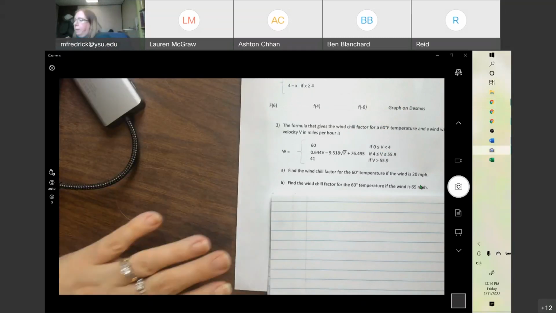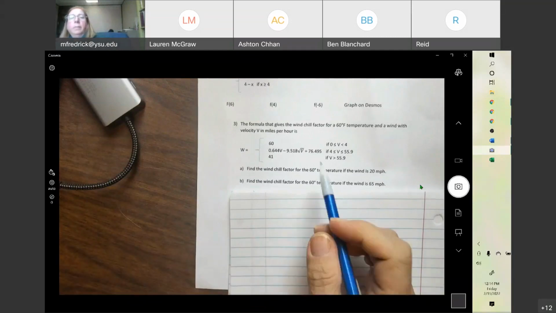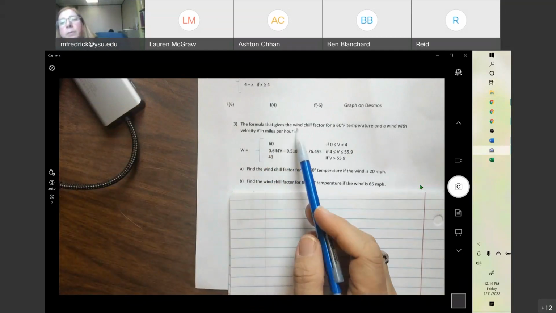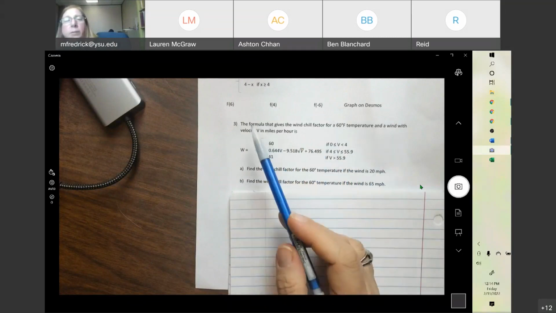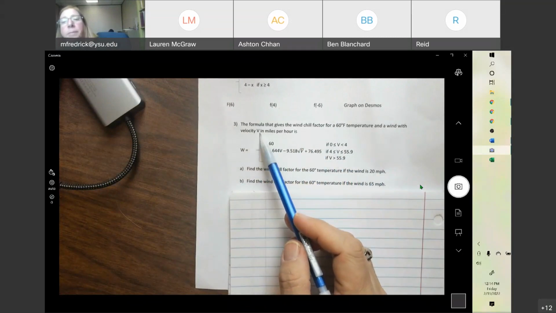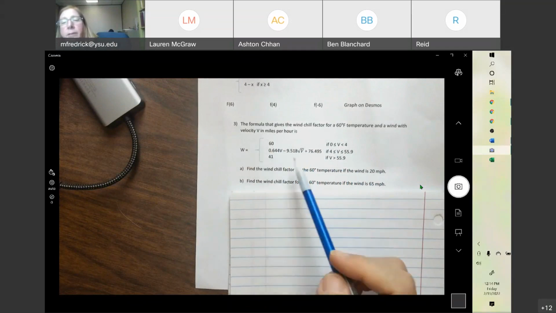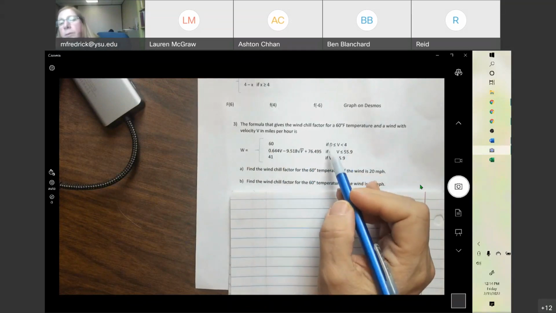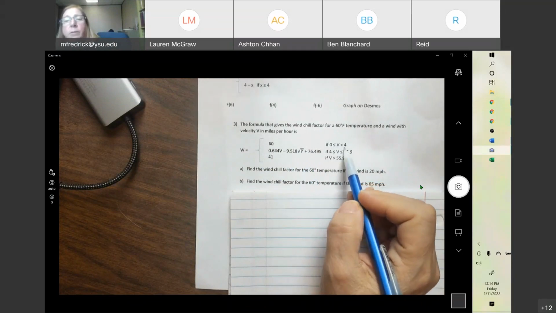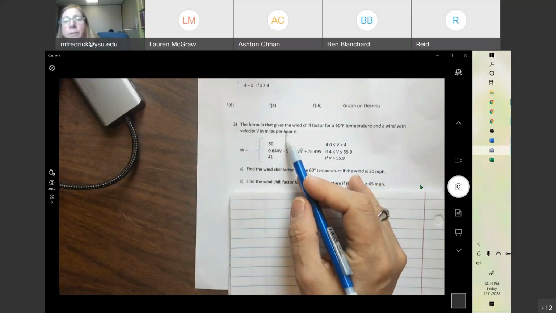Okay. For number 3, we want the formula that gives the wind chill factor for a 60-degree Fahrenheit temperature and a wind with velocity V in miles per hour is given here. So this is 60 degrees if your velocity is between 0 and 4 miles per hour.